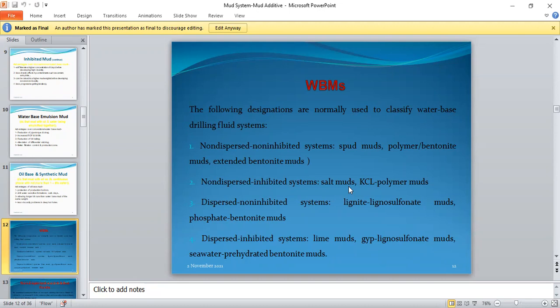What kind of system are you using? There are different types, and they have specific functions why they are being used, with respect to your geological or lithology formation, and with respect to the reasons why you're using them.